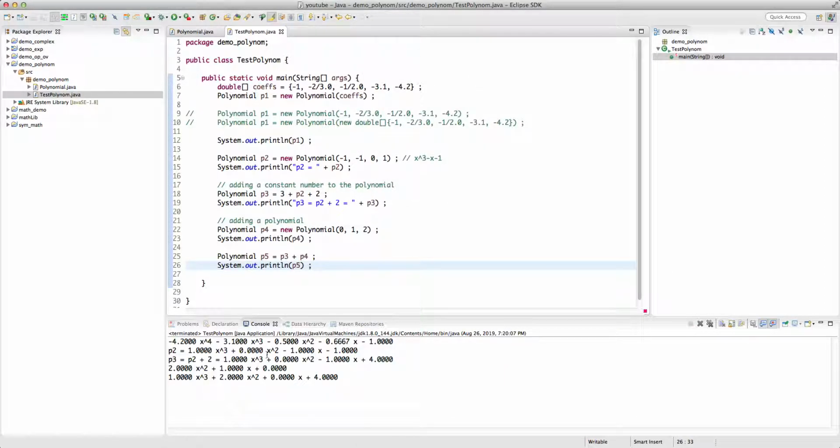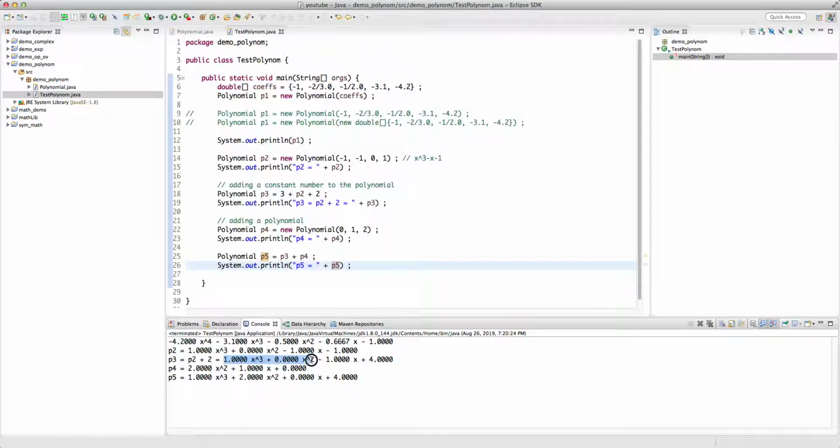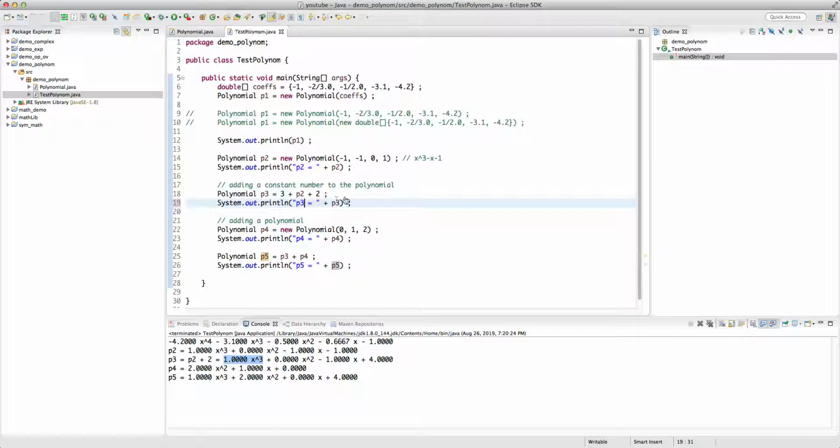All right, let's see what we get. p3, p4, and p5. p3 is x cubed, x cubed minus x plus 4. p4 is 2x squared plus x plus 0, and then term by term, so x cubed only appears in p3, so it should directly come into the result.